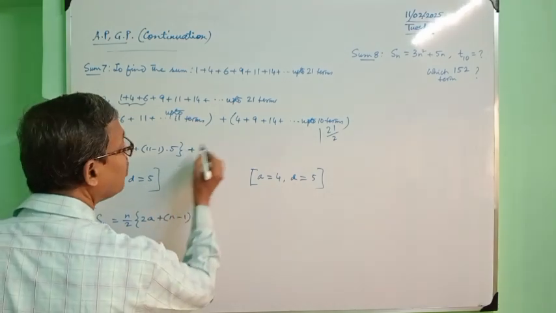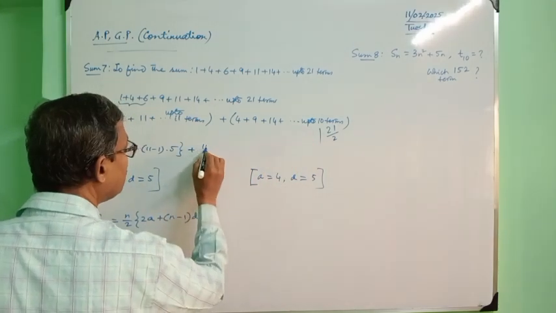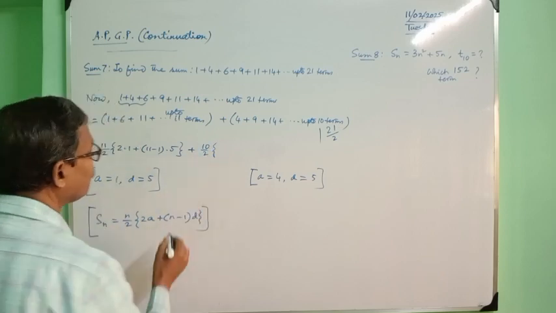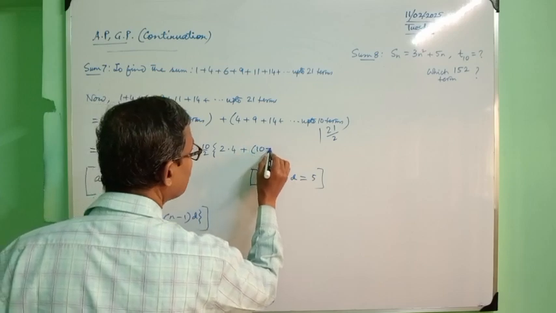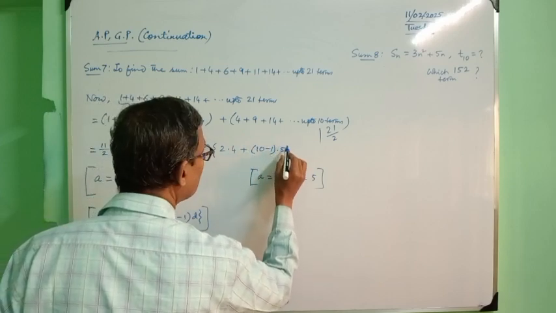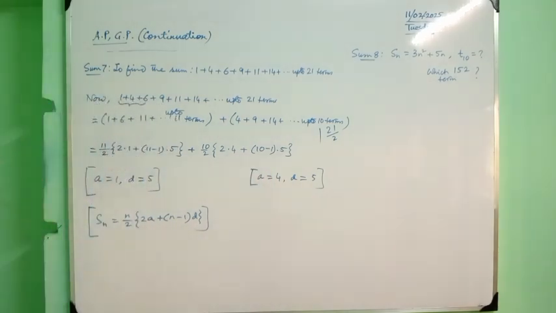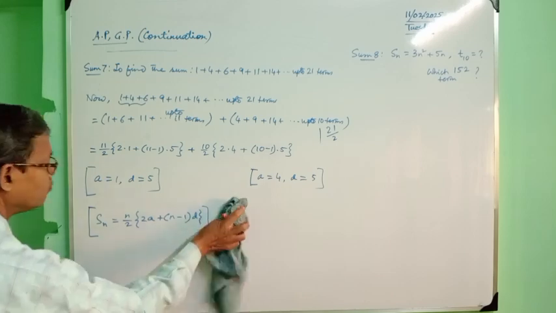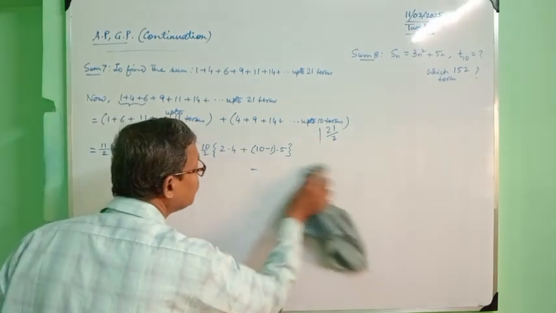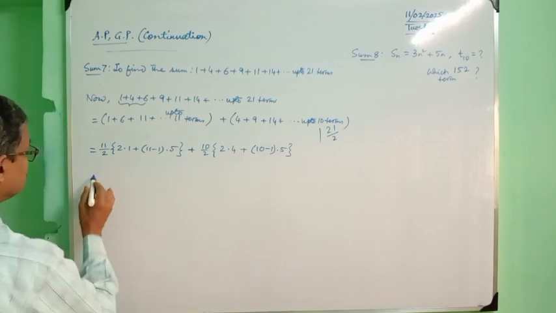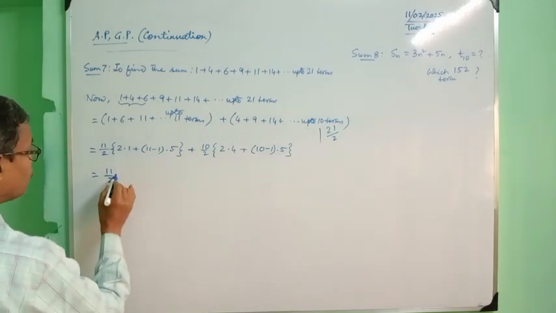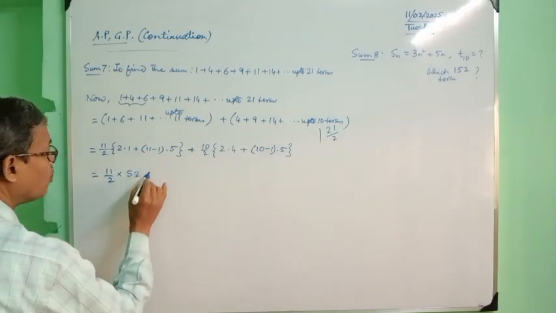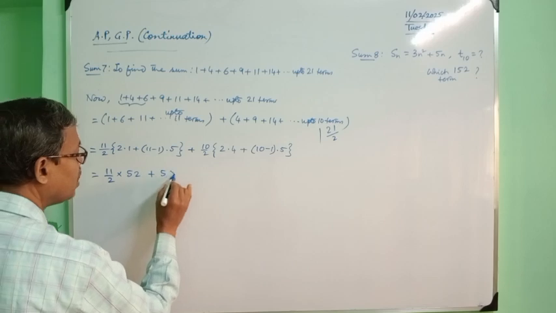Plus, here number of terms is 10, n by 2, 2 into 4 plus 10 minus 1 whole into 5. Then calculation. 50 plus 2, 52.